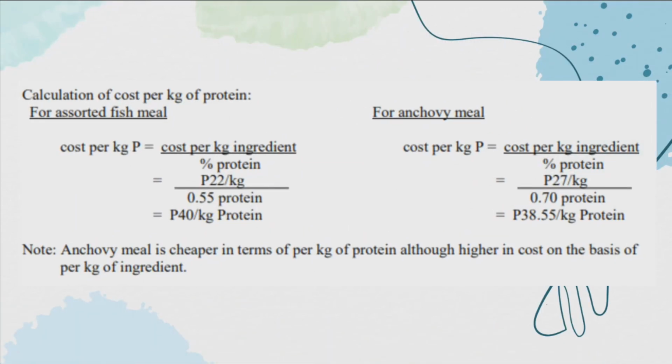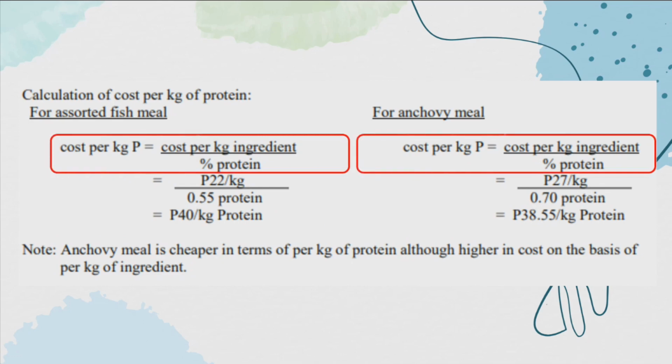So for the calculation of cost per kilogram of protein, using the formula, divide the cost per kilogram of ingredient by the percentage of protein, where the assorted fish meal has 40 pesos per kilogram of protein, while the anchovy has 38.55 pesos per kilogram of protein. Note that anchovy meal is cheaper in terms of per kilogram of protein, although higher in cost on the basis of per kilogram of ingredient.